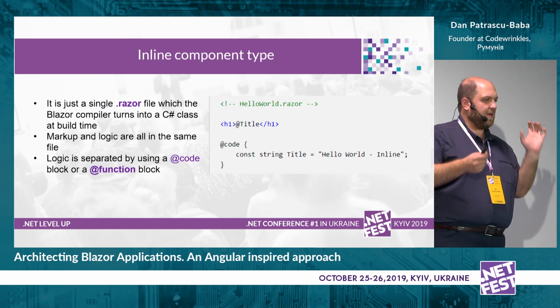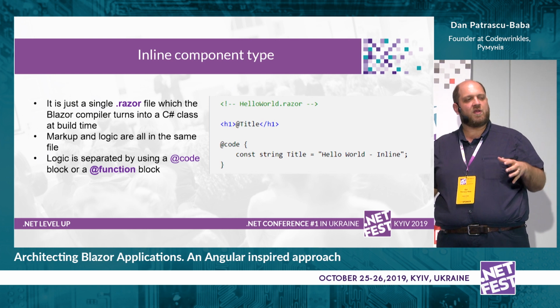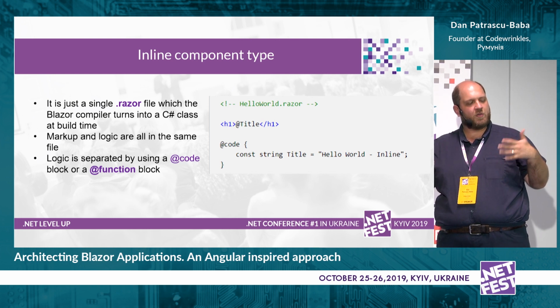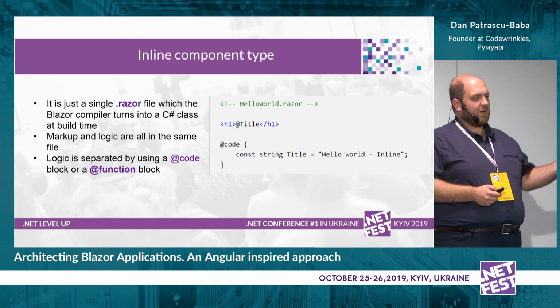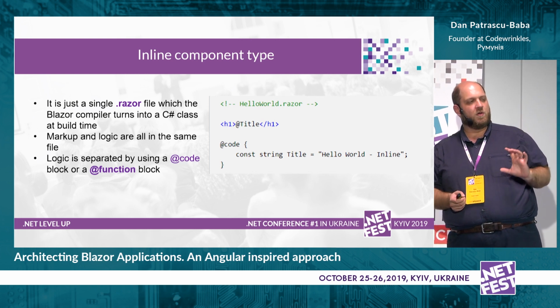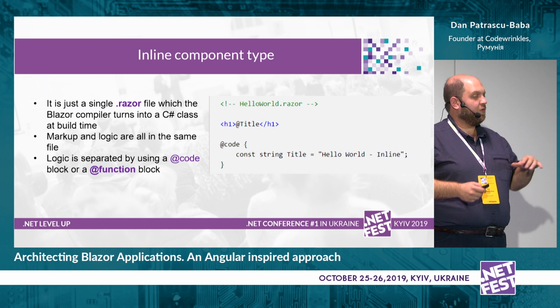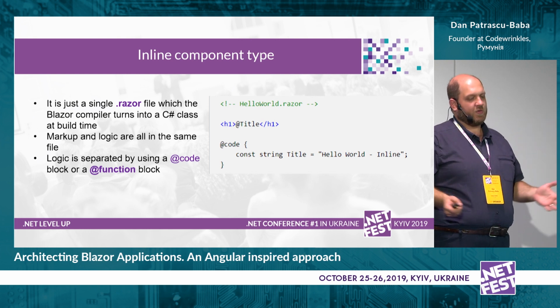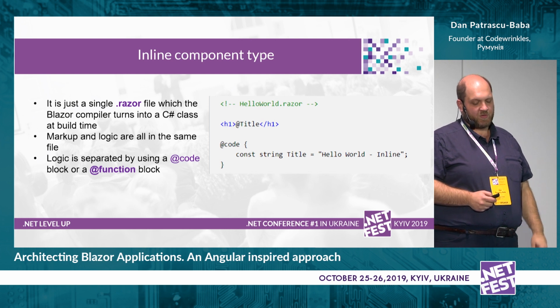But then, in the same file, you also have some code, which means some real C# logic, plain C#. And this code directive in Blazor really indicates that in this block you will put only C#, so no markup at all. And here you can create classes, whatever you want. You can do basically anything that you can do in a Blazor application.